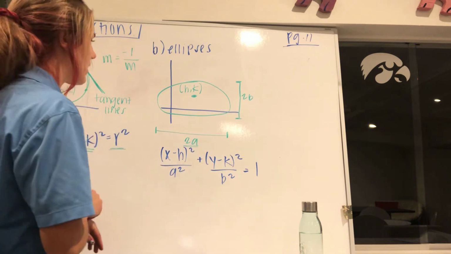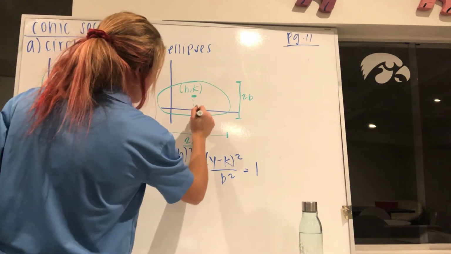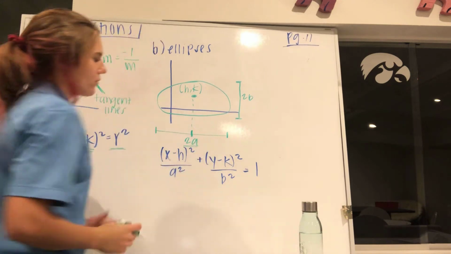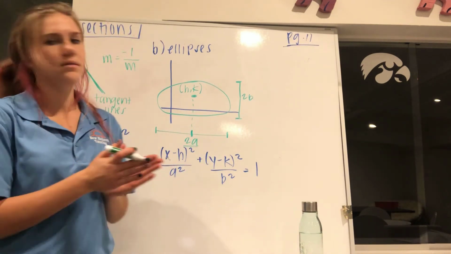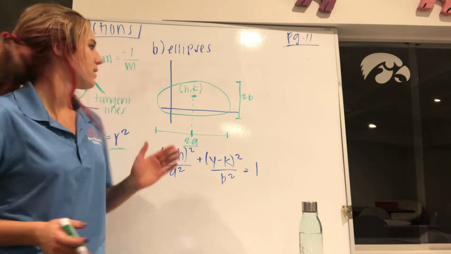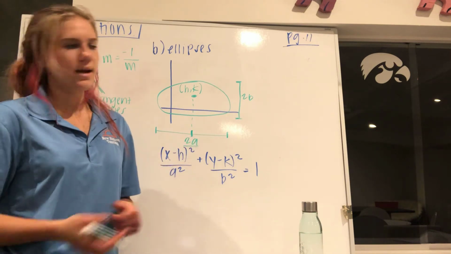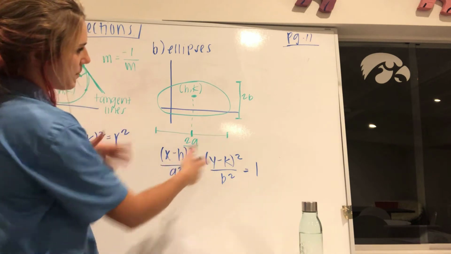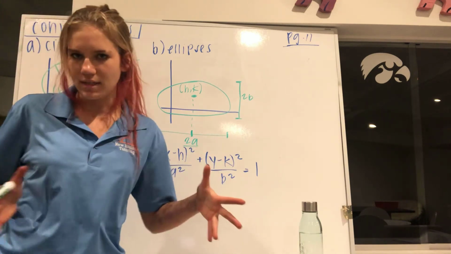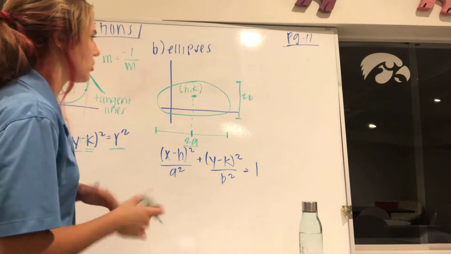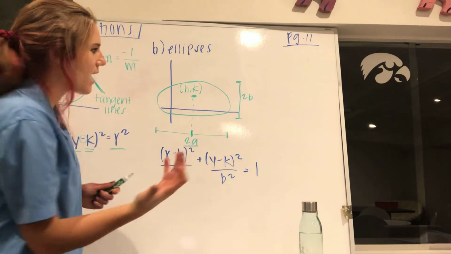Or if you want to think about it, the length from the center to one of the edges along the horizontal x-axis is just going to be 1a. But that's typically how they depict it in pictures. It just makes it a little bit easier to understand because it's the entire length. But you can also think about it in terms of just half of that.